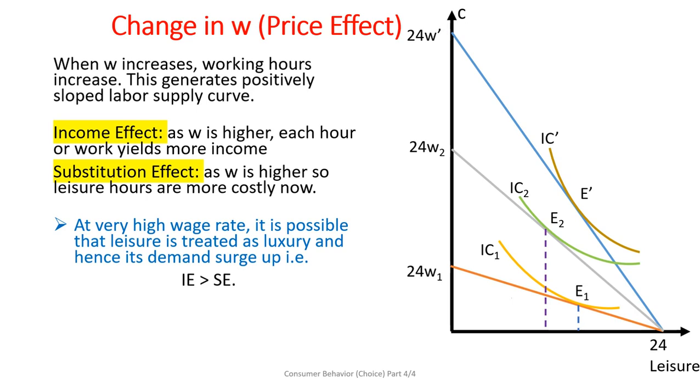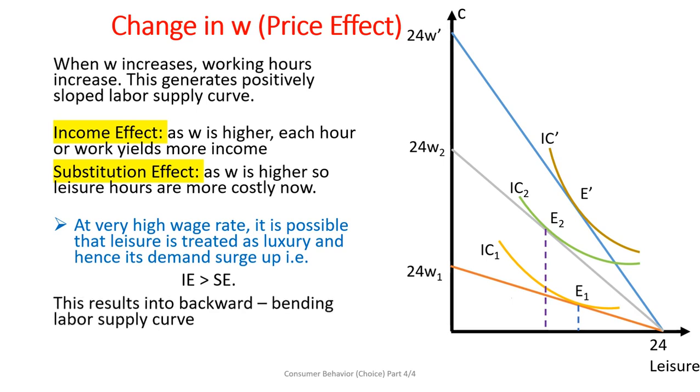That is, the person instead of working higher hours now substitutes some of the working hours with leisure hours. This results in a backward bending labor supply curve.